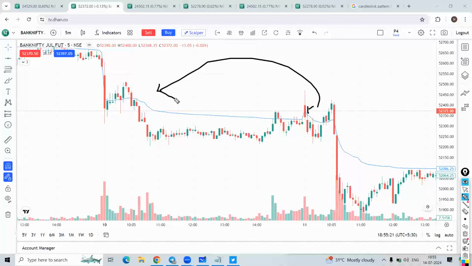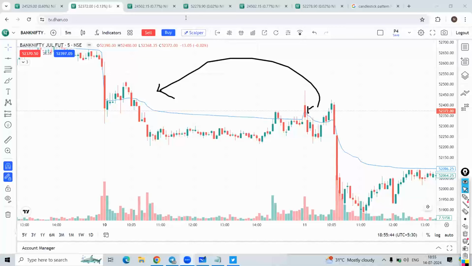One of the useless ways which most traders do is prediction, blindly predicting. Now tell me, have you ever predicted and taken a trade? Sir, it will move up. It can move down.